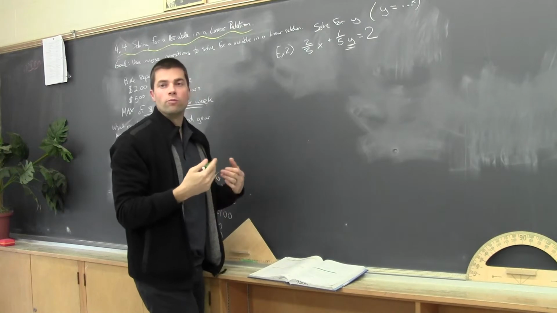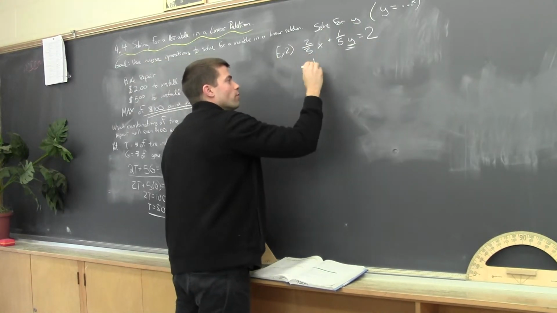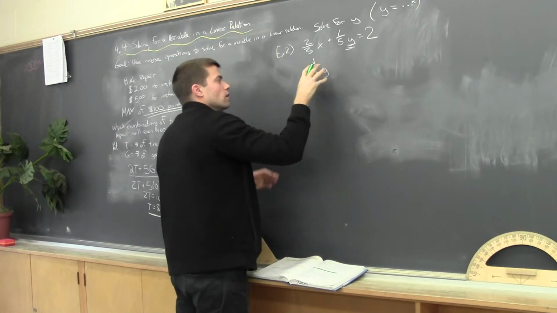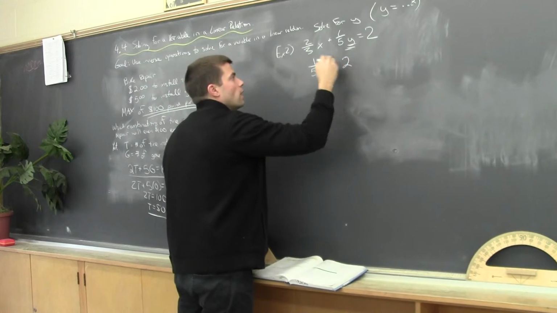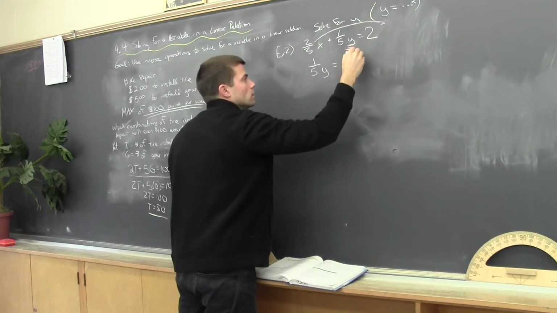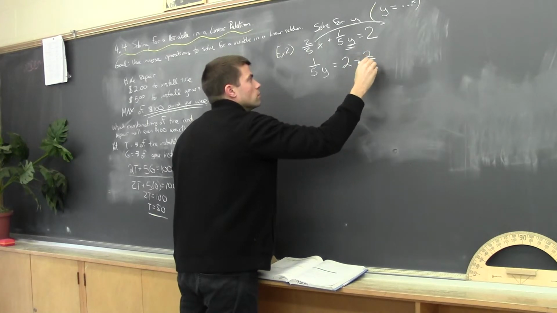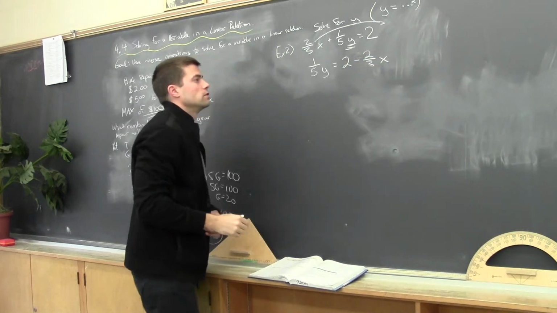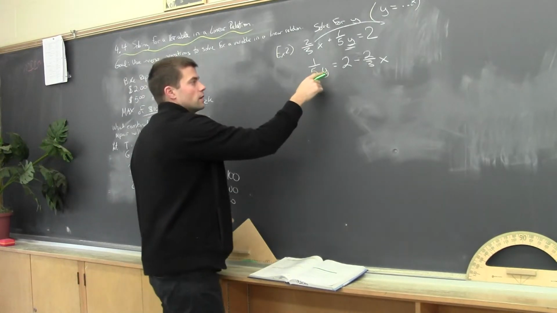So remember, we need to do reverse operations, or kind of moving stuff away from y is what I like to think of. So I'm going to leave the 1/5 y. It's attached to the y. I can't move it readily. And then I'm going to move everything away. So this becomes minus 2/3 x. Okay? Next step is I need to get y on its own.